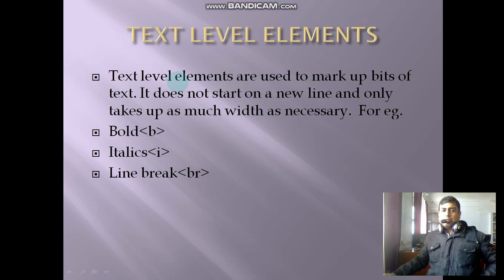Text level elements. Text level elements are used to mark up bits of text. They do not start on a new line and only take up as much width as necessary. For example, bold, italics, and line break. These are text level, means they will work on the text directly.